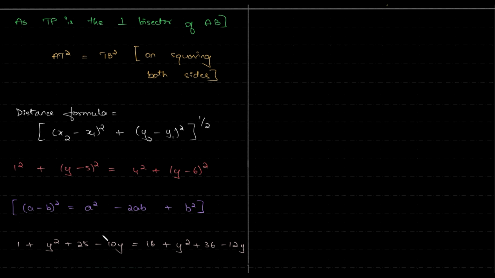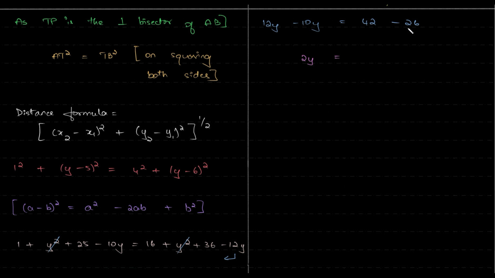And then we just have to solve things. Y square is common to both sides. Then we'll transpose all the constants to the left hand side. So this is 26, and this to the right hand side. So we have 12y minus 10y is equal to, here this will add up to 42, right? 42 minus this 26. And this is 2y basically.